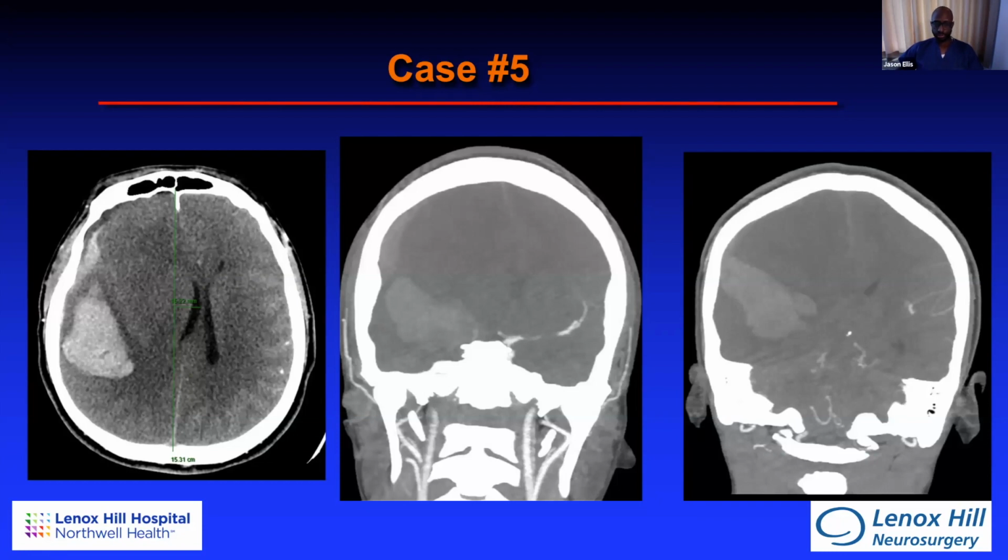And so, unfortunately, he was not a candidate for any type of surgical intervention given how poor he presented to us. But fortunately, someone else was able to benefit. He did become an organ donor. So that's just a reminder of how devastating these types of bleeds can be.